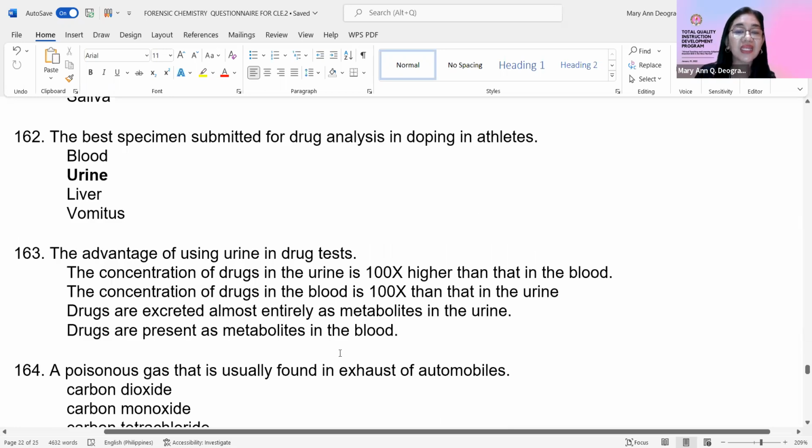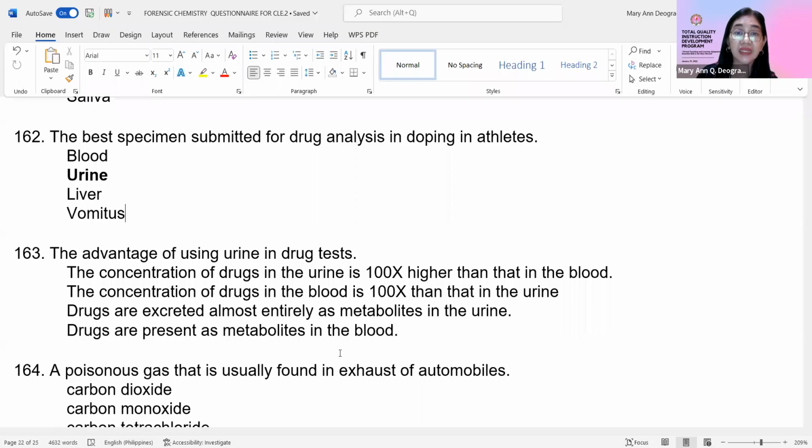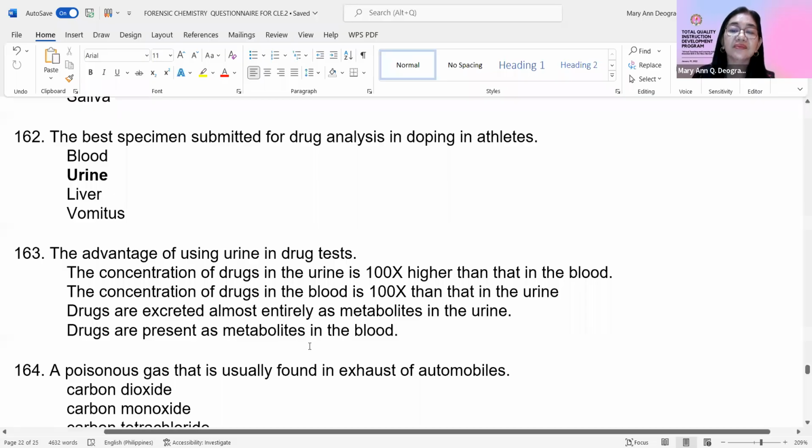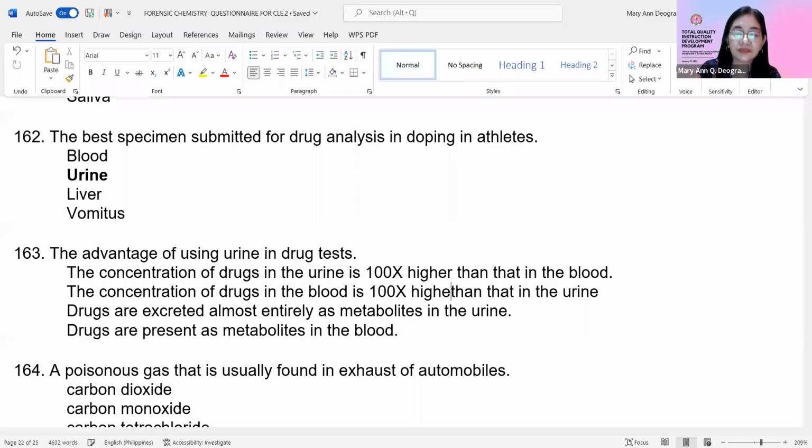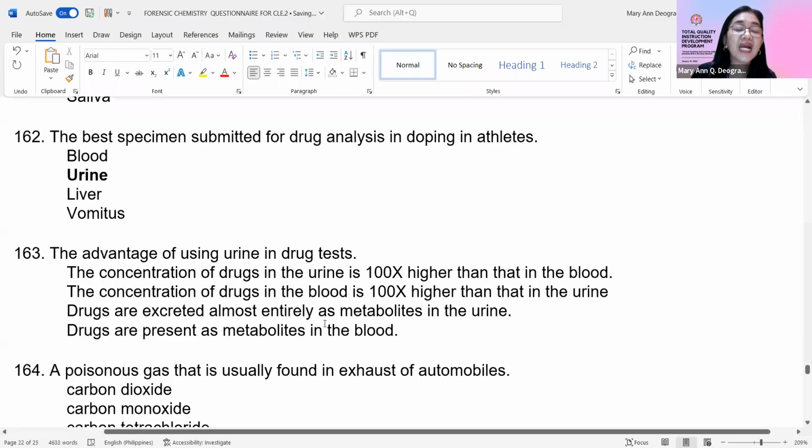The advantage of using urine in drug tests. So which is the advantage? A, the concentration of drugs in the urine is 100 times higher than that in the blood. B, the concentration of drugs in the blood is 100 times greater than that in the urine. C, drugs are excreted almost entirely as metabolites in the urine.